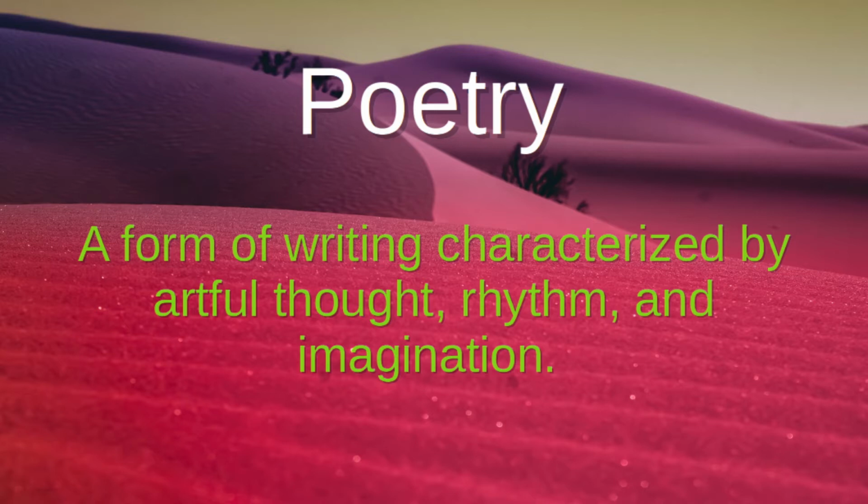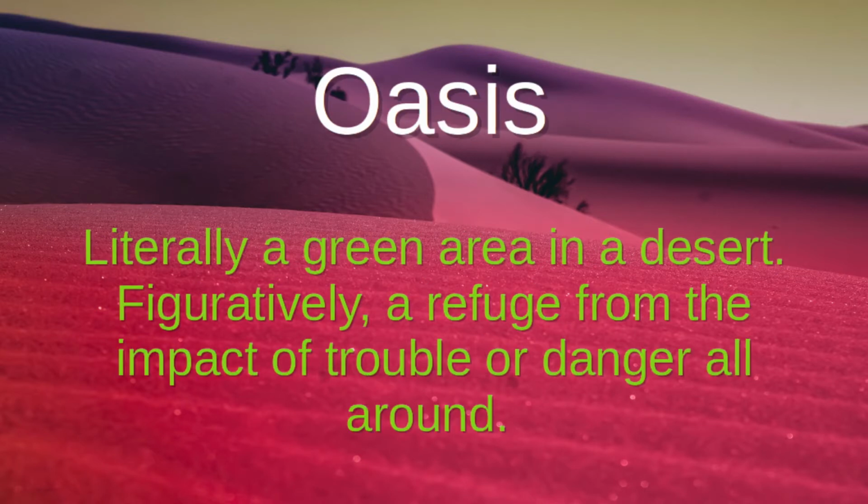Poetry, a form of writing characterized by artful thought, rhythm, and imagination. Oasis, literally a green area in a desert, figuratively a refuge from the impact of trouble or danger all around.